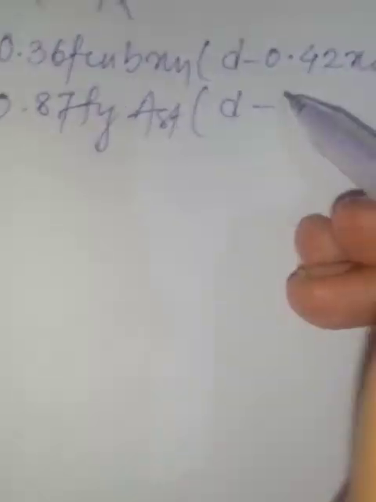Then we will find the moment, which is equal to C into Z or T into Z. Mu equal to 0.36 fck B XU into Z, where Z is D subtract 0.42 XU, or 0.87 Fy Ast into D subtract 0.42 XU.